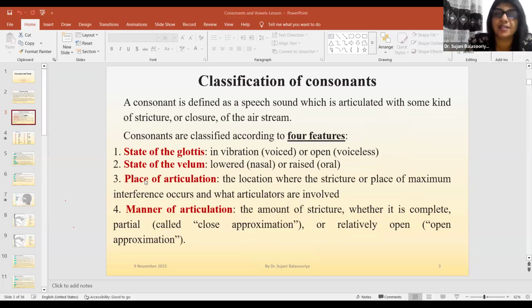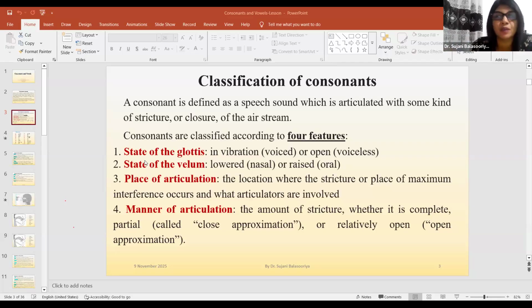You should be able to explain the production of any consonant sound in relation to the state of the glottis, which means you should know whether that consonant is voiced or voiceless. Then you need to know about the state of the velum, which means whether that consonant is a nasal consonant or an oral consonant. And according to the place of articulation, what the particular type of that consonant is.